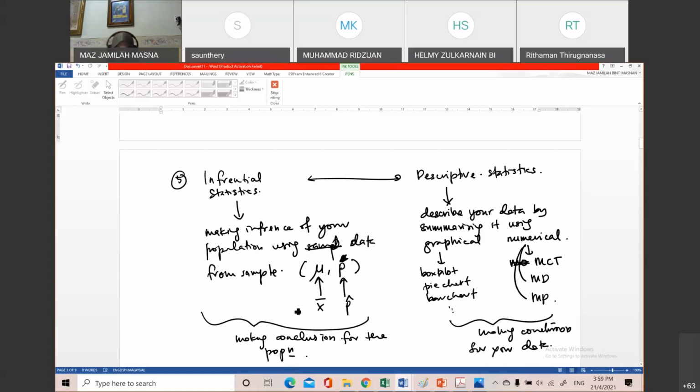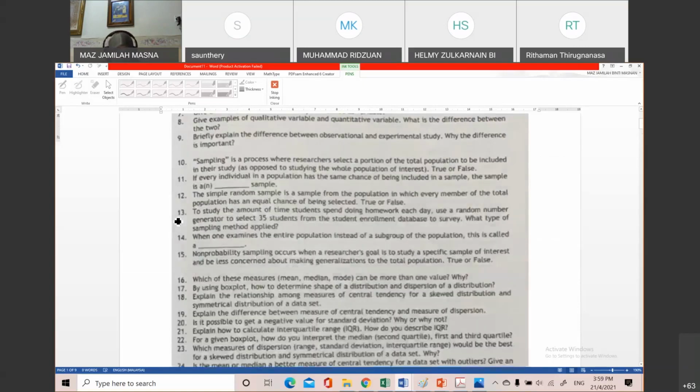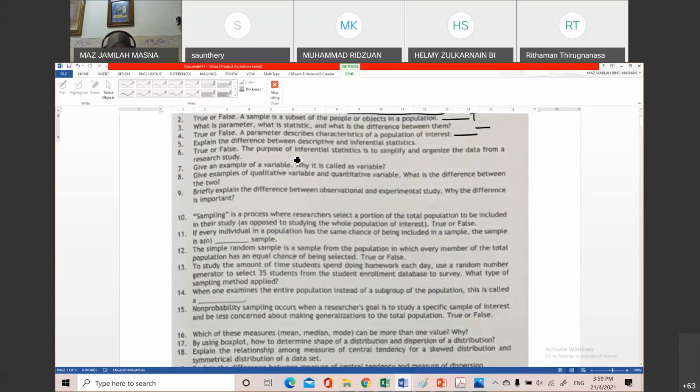Now, question number 6. True or false, the purpose of inferential statistics is to simplify and organize the data from a research study. Class, the purpose of inferential is to simplify and organize. Is it correct?